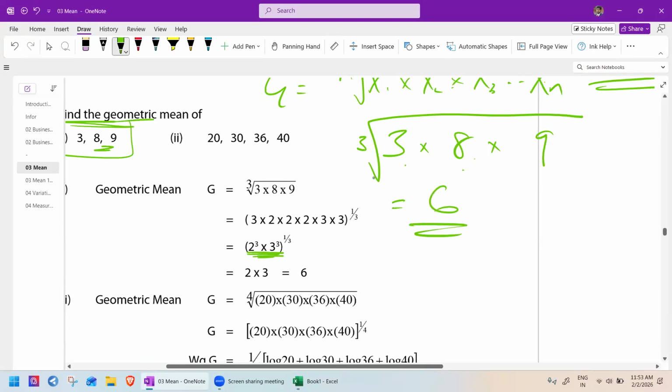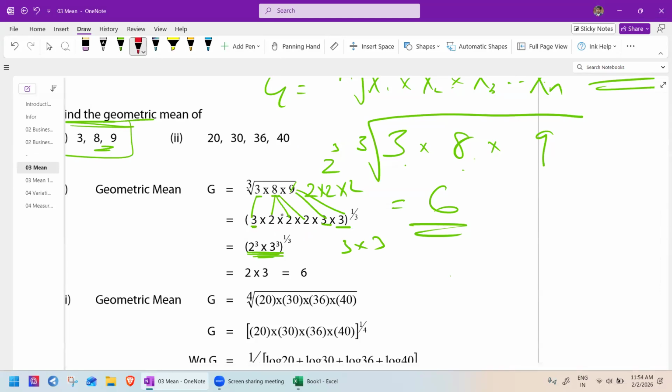Here we can use this method with index numbers as well. Here we can write 3 as 3, and 8 we can write as 2 into 2 into 2, so 2 cubed, like that they have written. And 9 is 3 into 3. So when you look here, you can see 2s and 3s.